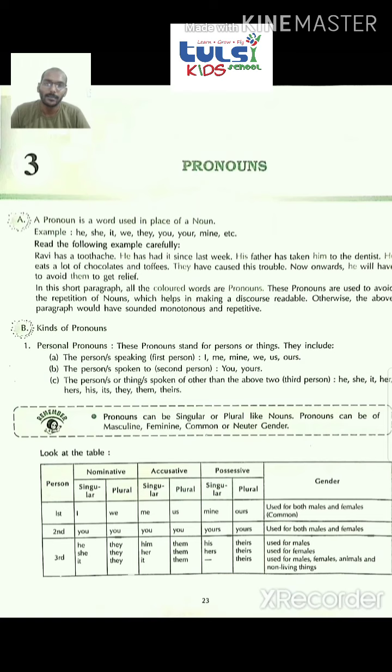Second person: you, your, yours, yourself. Remaining: they, he, she, it. These are third person pronouns.